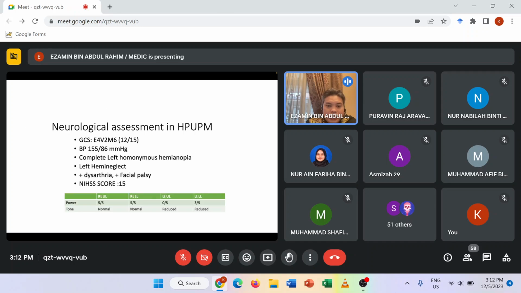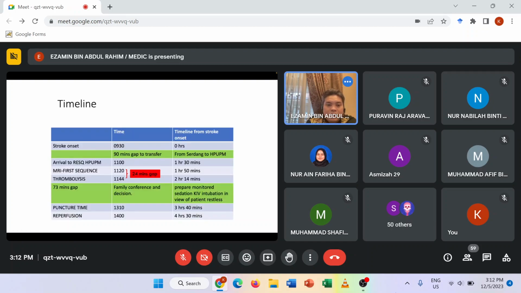Then assessment by our neurological colleague. This is what we call the NIHSS score. This one is 15. Anything more than 6, we have to treat. And with hemi-neglect, it means the patient had LVO, large vessel occlusion.